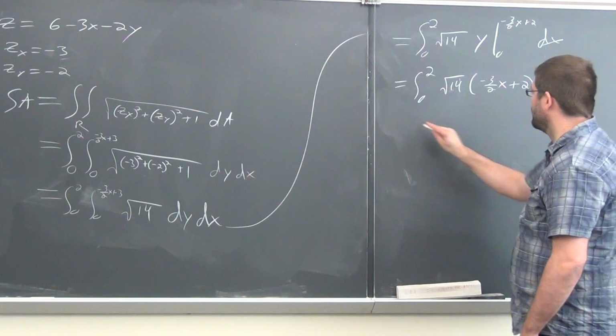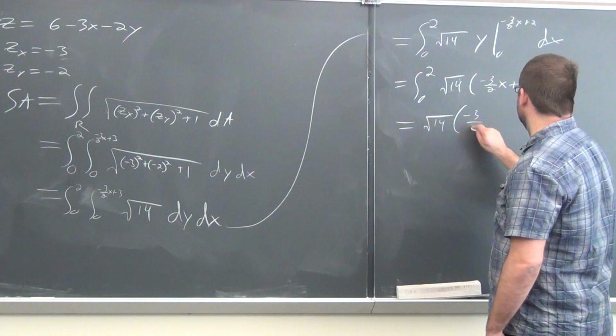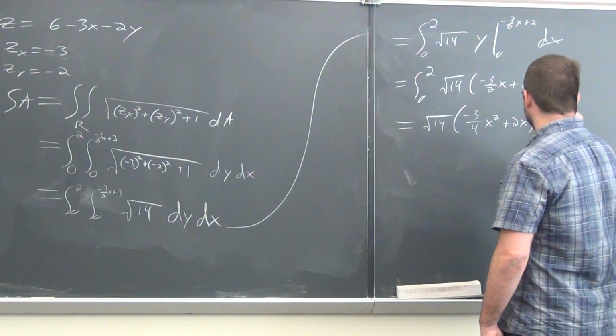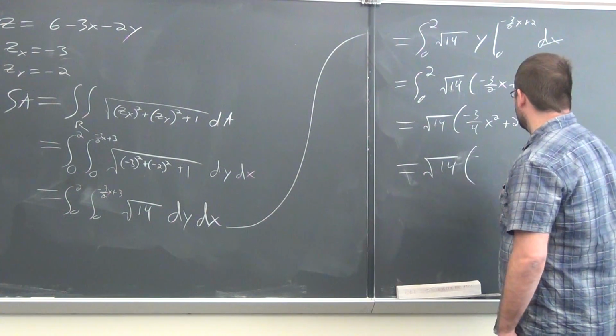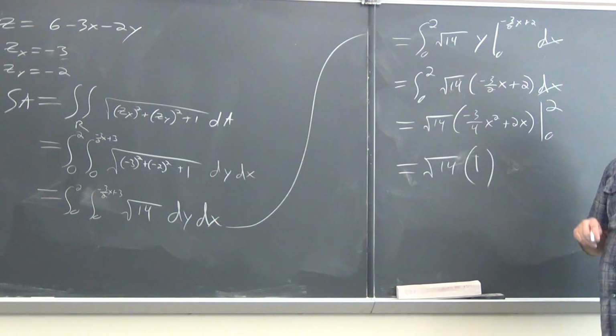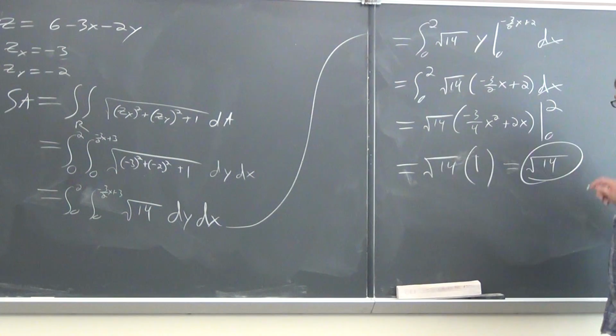And then just work your way through. And what do we get? Negative 3 plus 4, and that's it. So just 1 actually, right? So final answer, square root of 14. Okay?